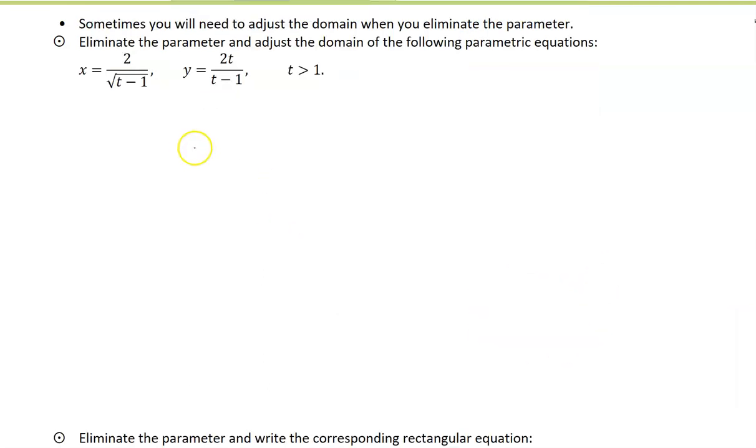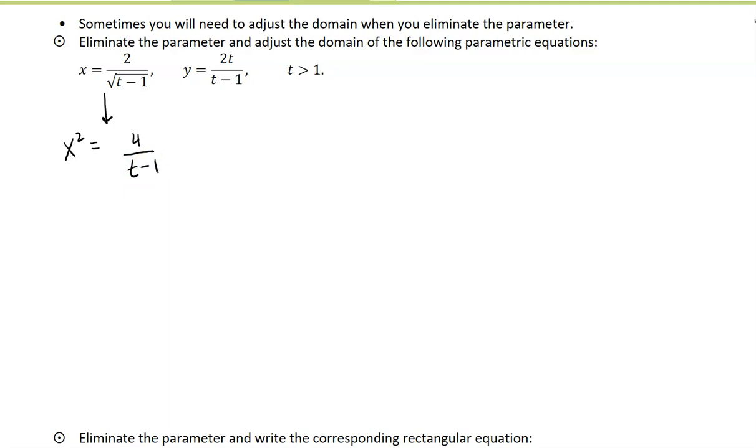Sometimes you'll find that you need to adjust the domain when you eliminate the parameter. So for example, with this one, it says eliminate the parameter and adjust the domain of the following parametric equations, where x equals 2 over the square root of t minus 1 and y equals 2t over t minus 1 for t greater than 1. So here I'm going to take the first equation and I'm going to square both sides. So I get x squared equals 4 over t minus 1.